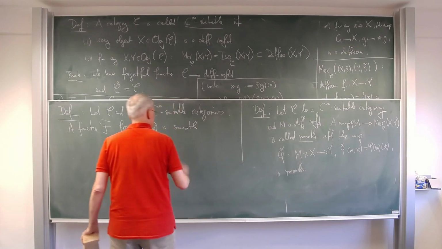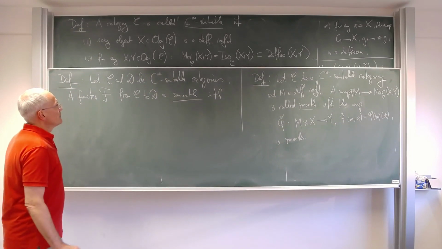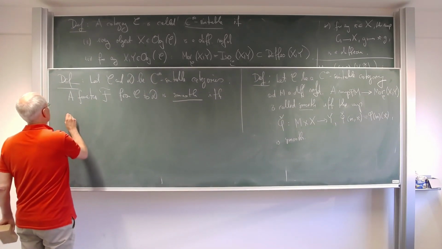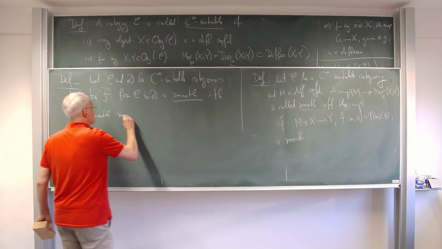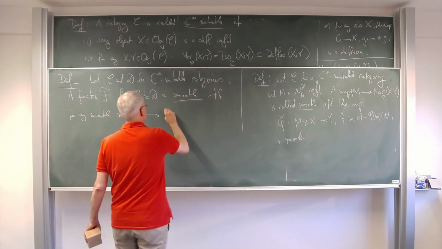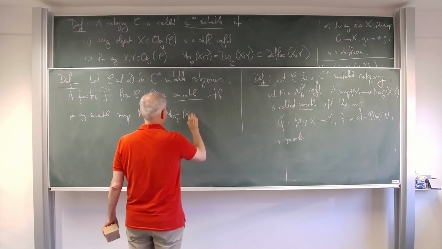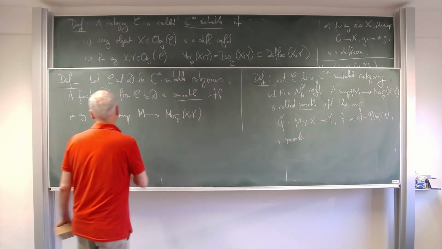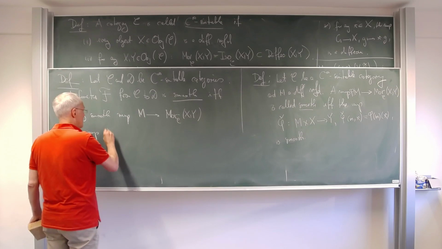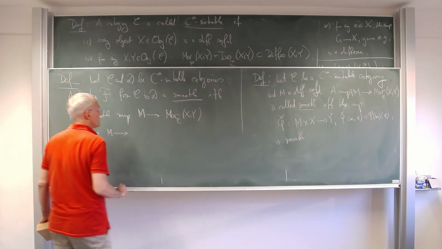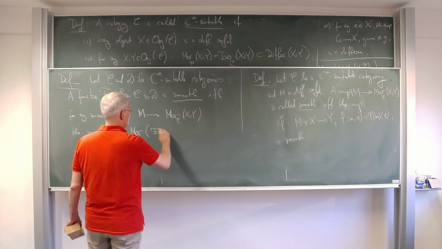It is smooth if for any smooth map from some manifold to the morphisms in C, the map that I get by composing with the functor, let's call it capital F, is again smooth.